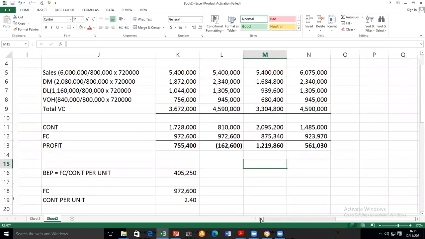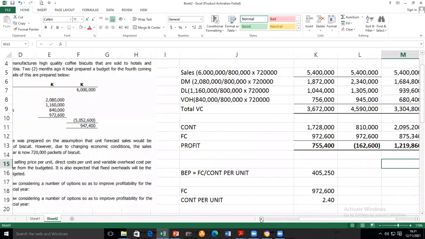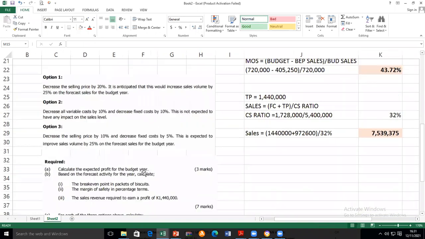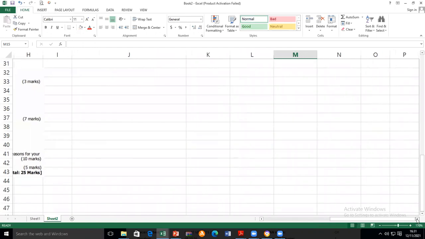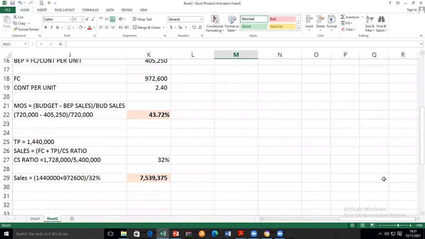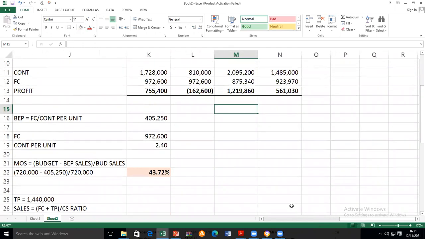Okay, quite very heavy computation, very, very heavy. With a calculator only, break-even. So what are the break-even? Let's do a break-even. The fixed cost.